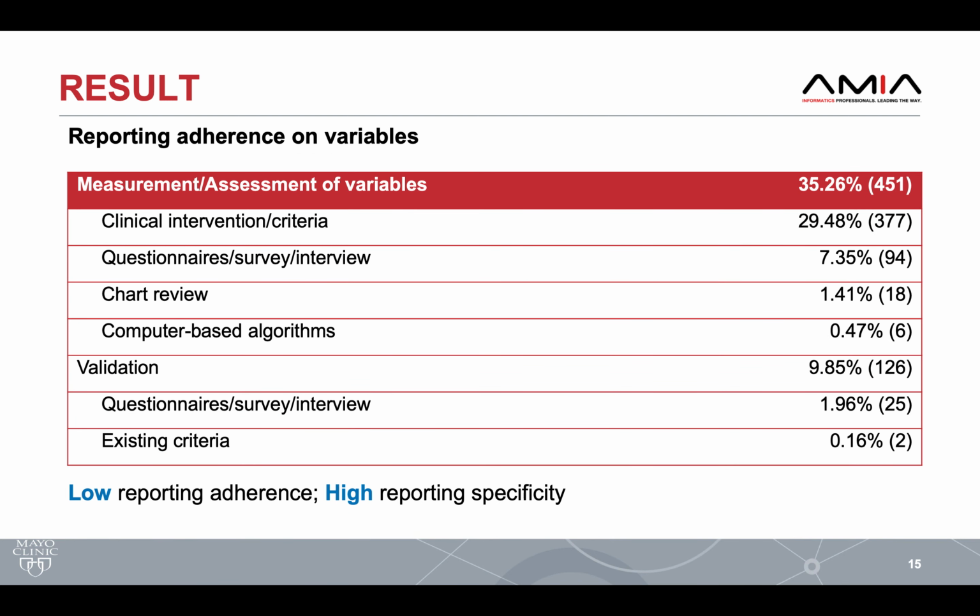For measurement of variables, we find pretty low reporting adherence and high reporting specificity, meaning when the clinical intervention or criteria was mentioned, in general it's pretty specific, but only 35% of studies did report measurement and assessment of variables.